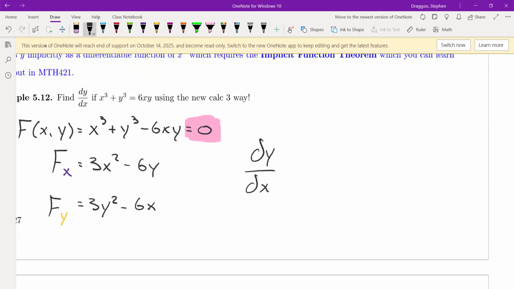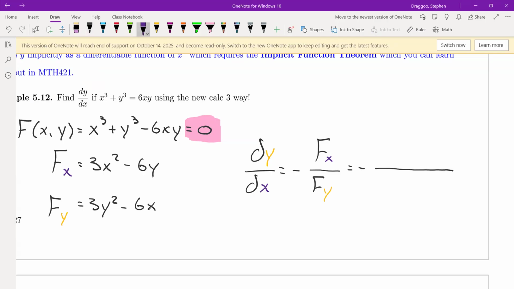So then to get dy over dx, that is negative f partial x over f partial y. Again, my x and y are going to switch places here so that the x partial is now on top. It's in the numerator of that fraction on the right side, and the y partial is in the denominator.